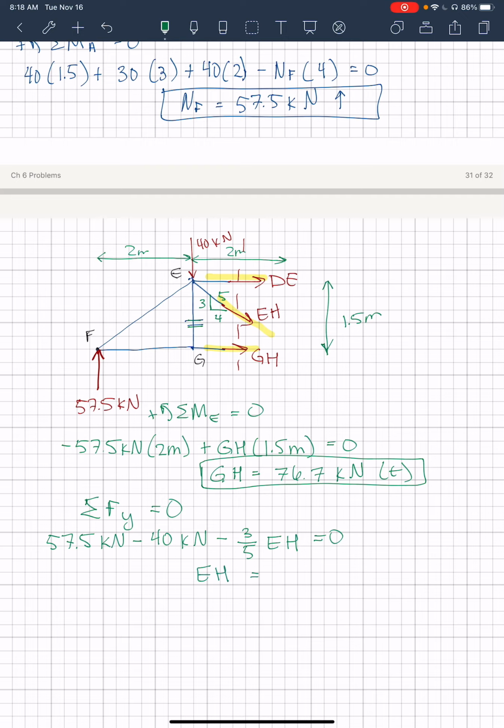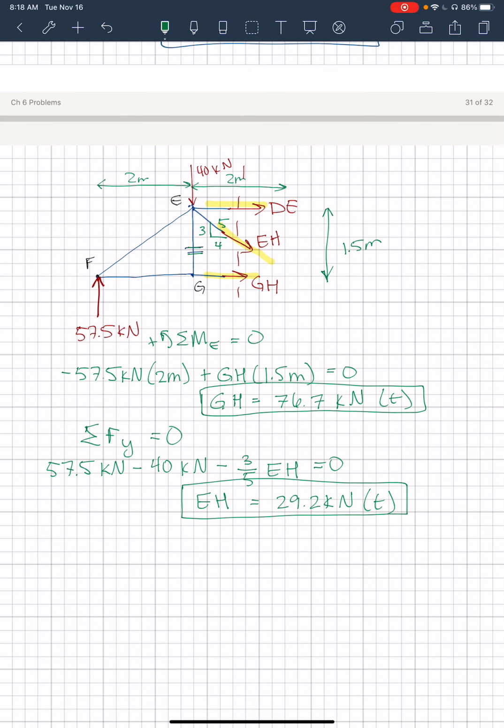So we get EH equals 29.2 kilonewtons, and that is positive, so the tension was correct.